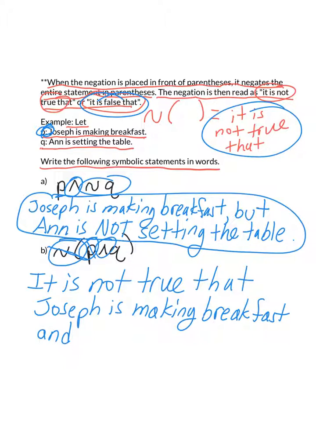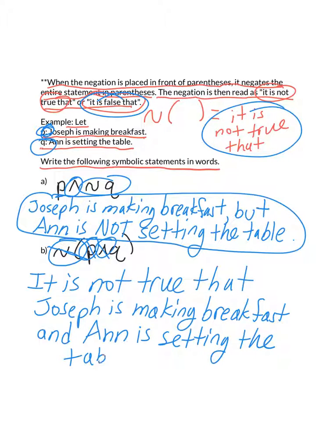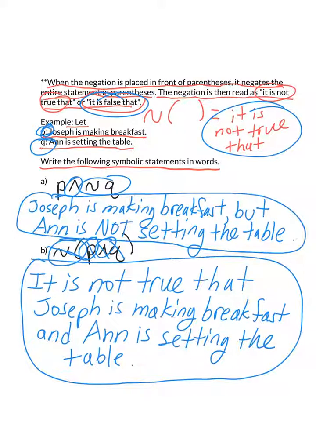So I'm going to say and. Q was Anne is setting the table. Check, that takes care of that. So my final answer: it is not true that Joseph is making breakfast and Anne is setting the table.